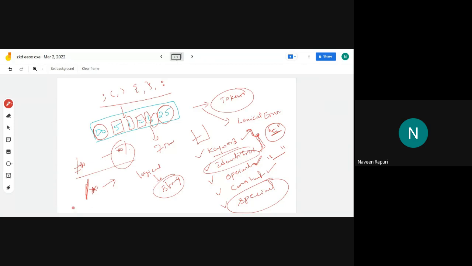That's why it returns a lexical error. If it does not start with slash star but ends with star slash, then star is considered a multiplication operator and slash a division operator, so finally it returns two operator tokens. These are the things you have to keep in mind to recognize tokens.